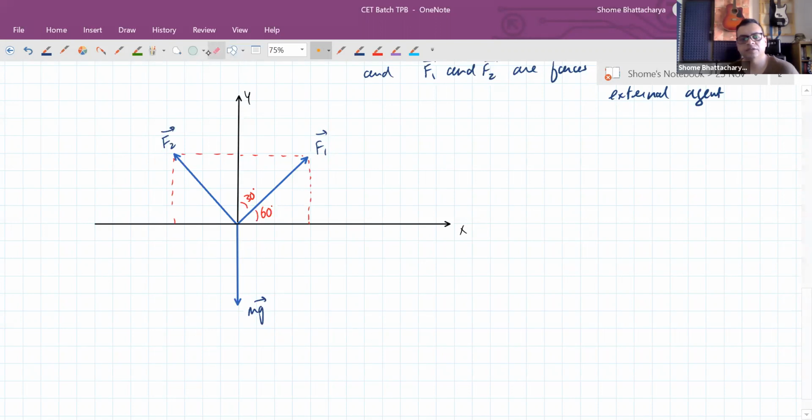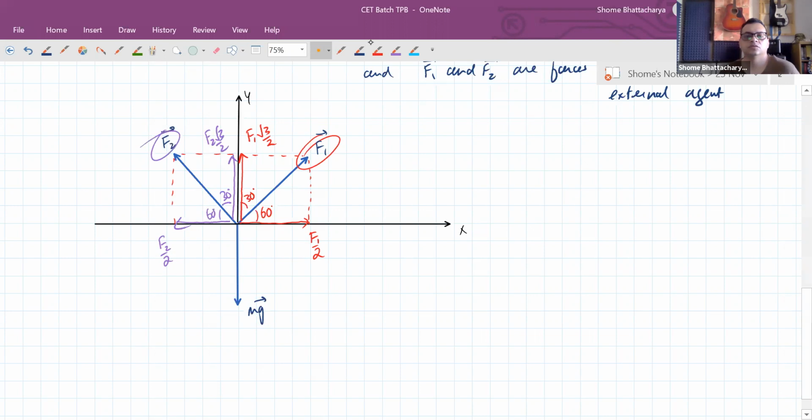So F1, when you divide it into components, this one will become F1 by 2 and this will become F1 root 3 by 2. Similarly, when you divide F2 into components, again this angle is 30 or this angle is 60. So this is F2 by 2. This is F2 root 3 by 2.